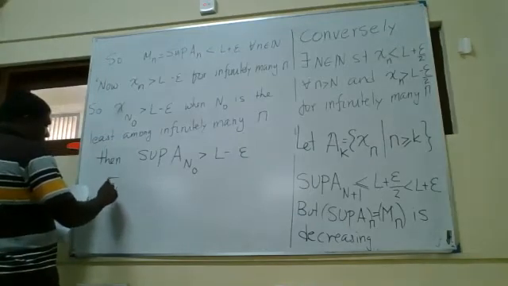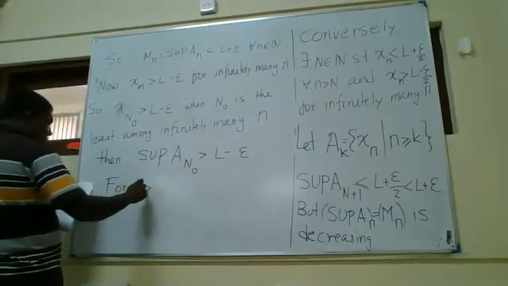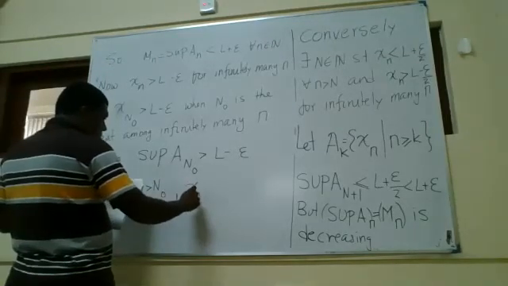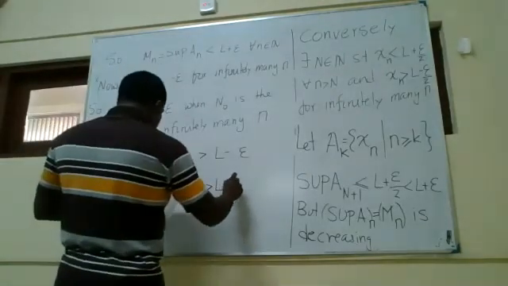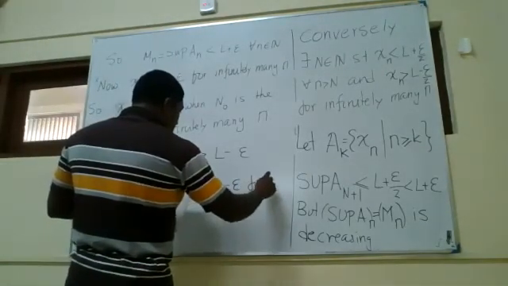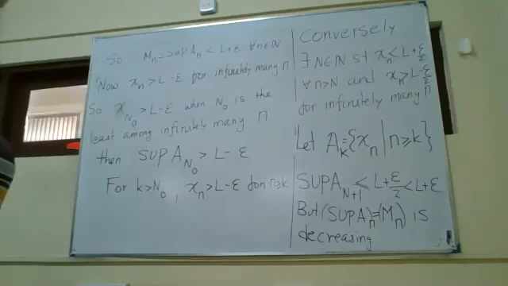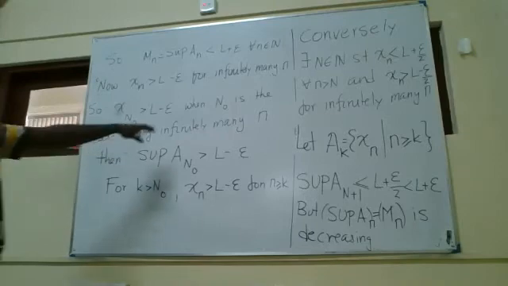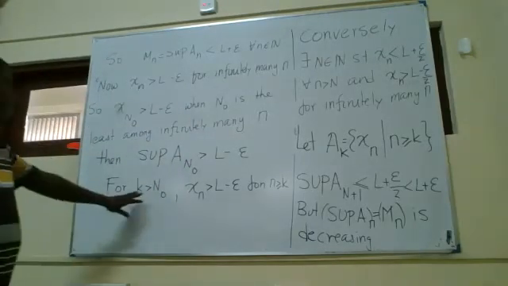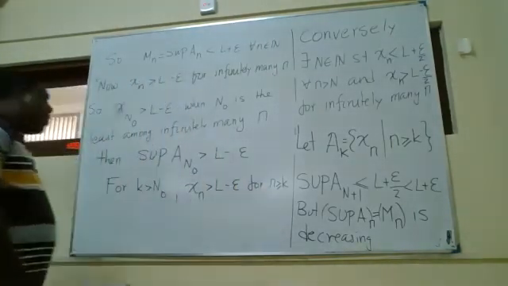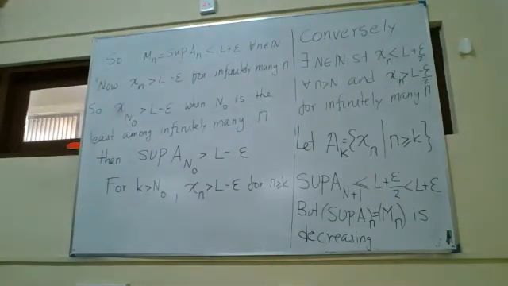Now, because you choose n naught as the least possible number among those infinite numbers, for some k greater than n naught you know that x_n will be greater than L minus epsilon.